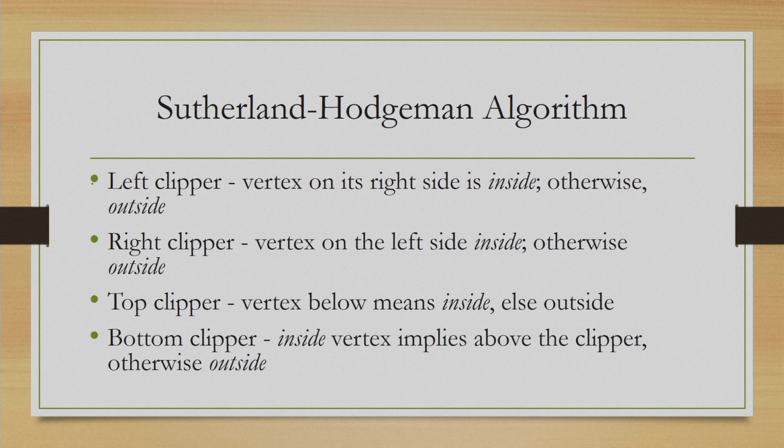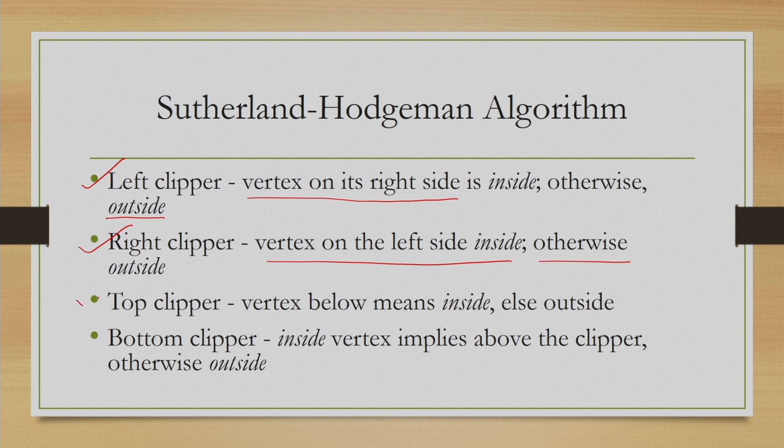For the left clipper, when we talk of inside, we mean that the vertex is on the right side of the clipper, and when we talk of outside, we mean that it is on the left side of the clipper. For right clipper, it is just the opposite. When the vertex is on the left side, we call it inside, otherwise it is outside.